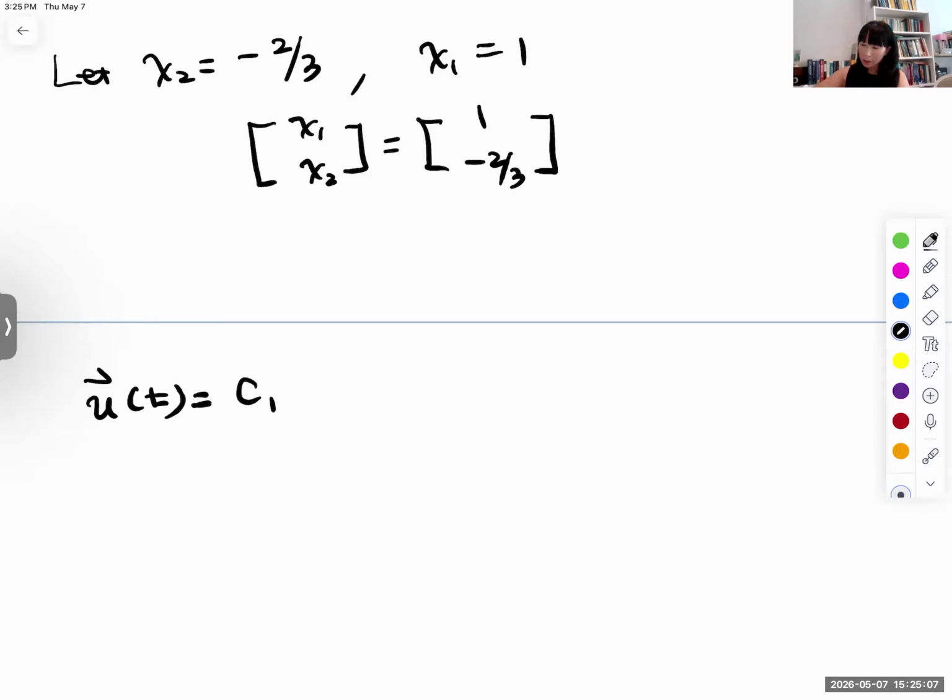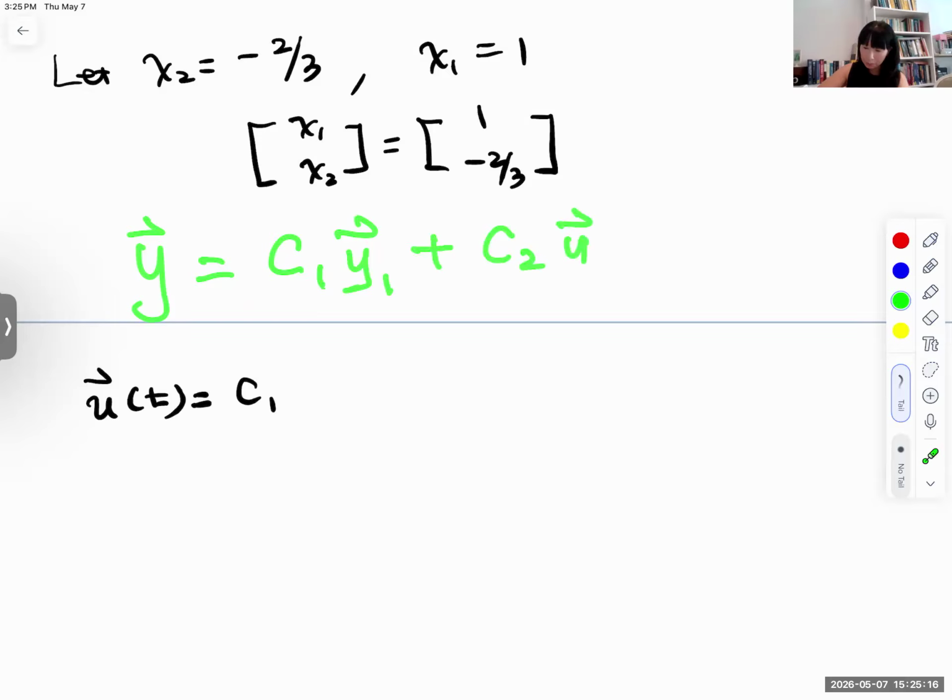Like earlier today, y equals c sub 1 y sub 1 plus c sub 2 y sub 2. Then what was the y sub 1? Vector y sub 1, we had x sub 1 and then e to the lambda t, right?